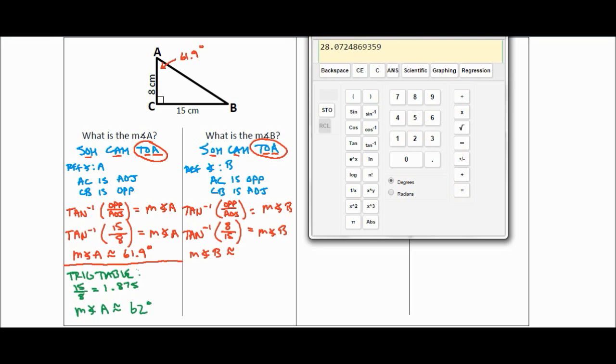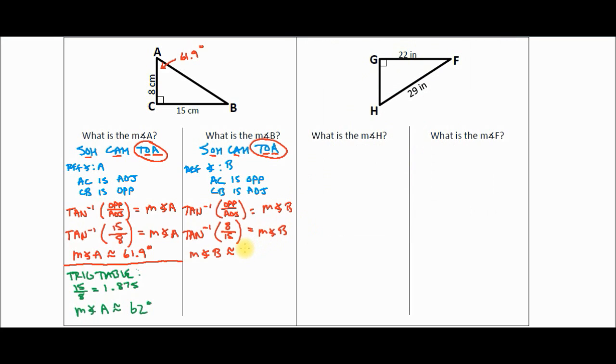Let's round that to 28.1. It's approximately 28.1 degrees. If you looked in your trig table, you'd find close to that answer, 28.1. Now, last thing you should do, class, is make sure you always label your diagram as you go. This is 28.1 degrees.